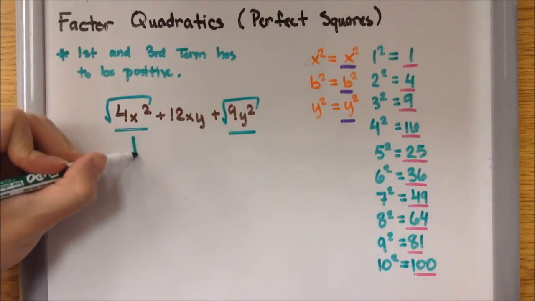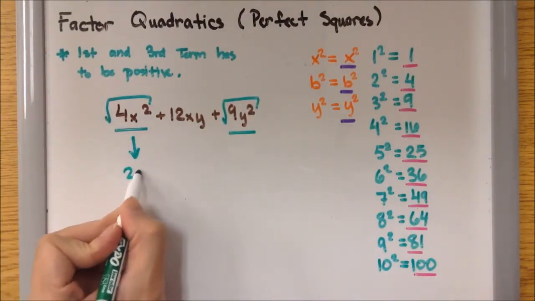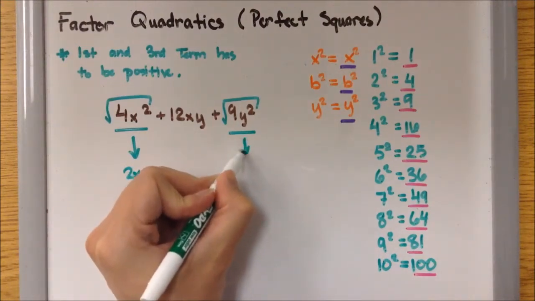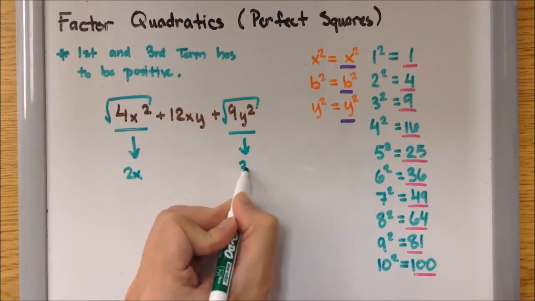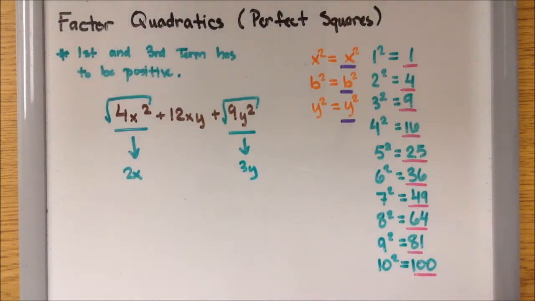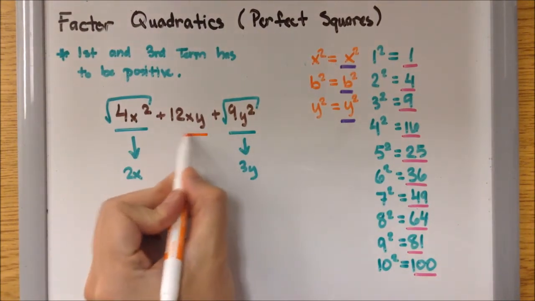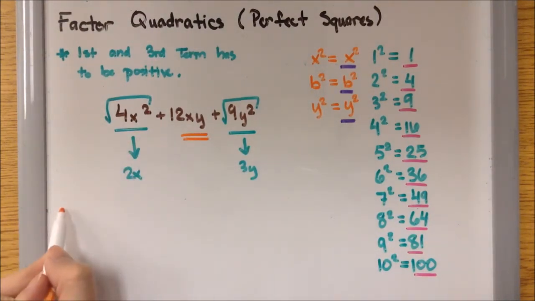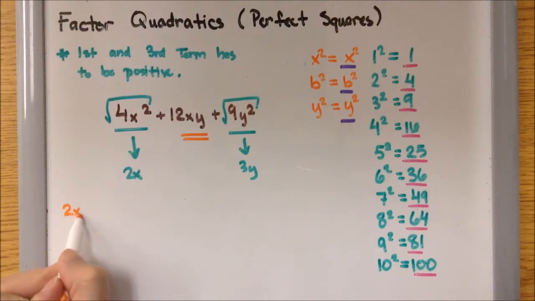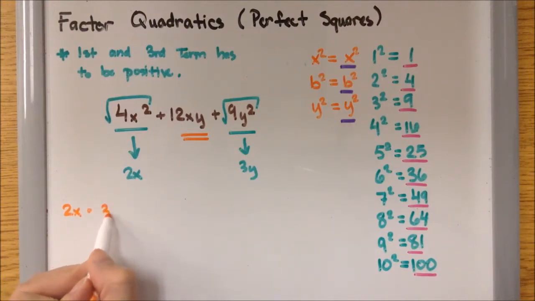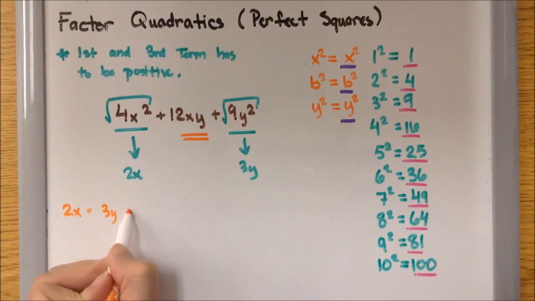The square root of 4x squared will be 2x. The square root of 9y squared will be 3y. Once we finish finding the square root, take a look at the middle term. The first term, 2x, times the third term, 3y, and then times 2.